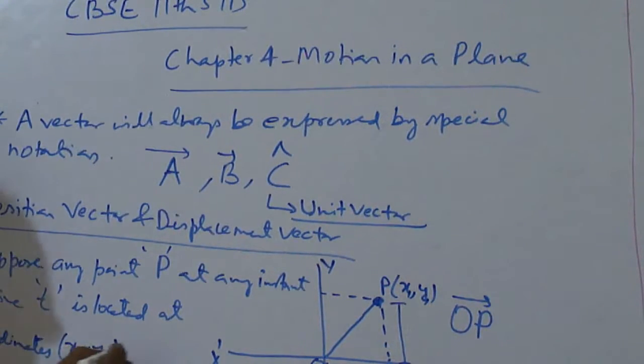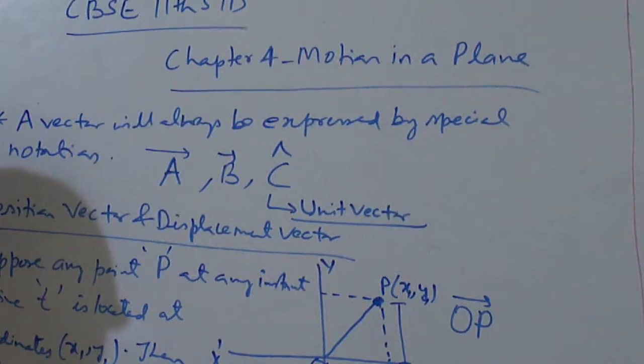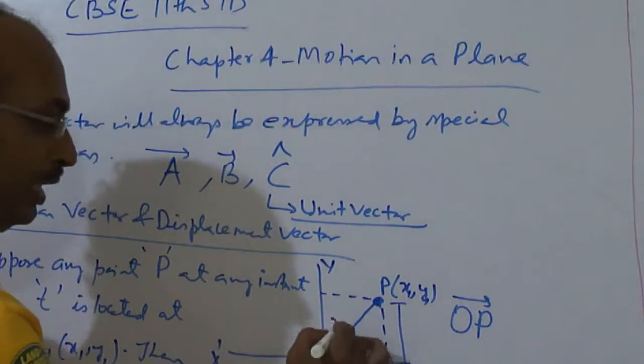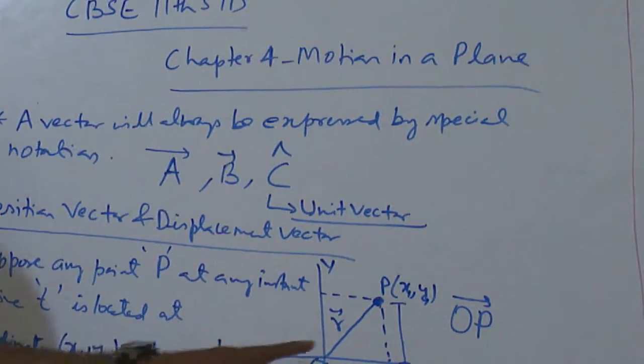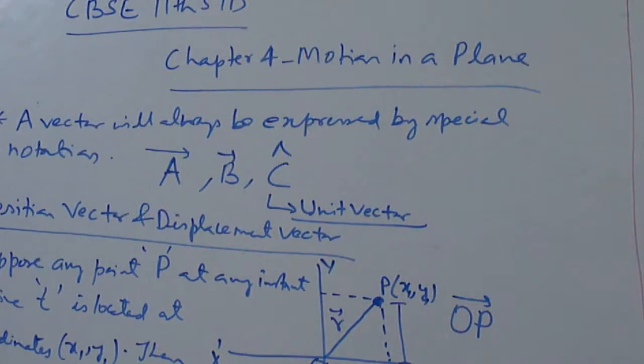Then the position of the point P with respect to the origin O can be represented as the OP vector. Generally, this vector is written as R, so this R is the position vector of this point P. Okay, so this is OP.